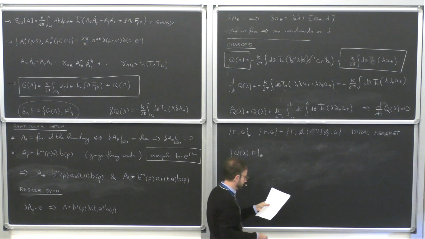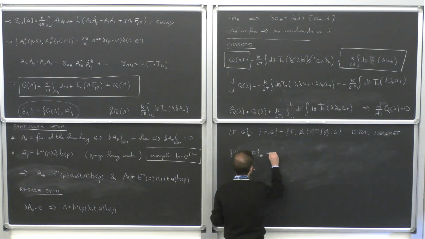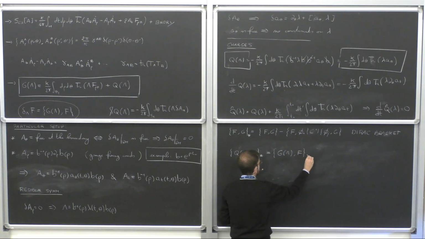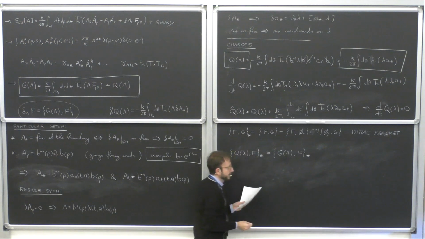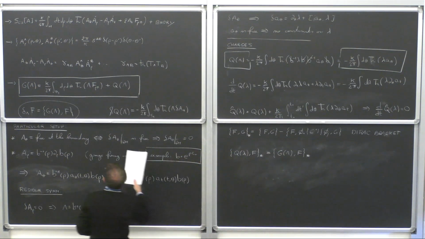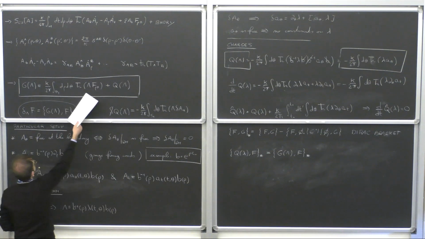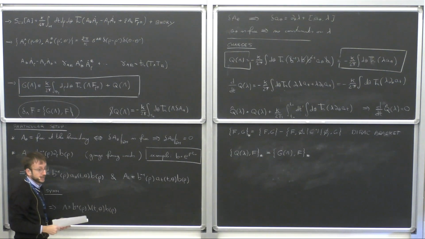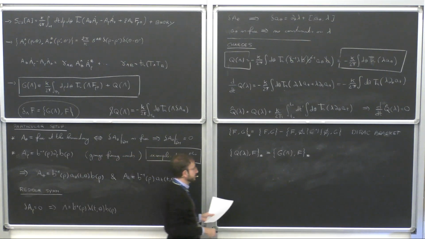And why is it easy to compute? Because on the constrained surface, these two quantities agree, because on the constrained surface, essentially, the bulk part of G lambda is equal to 0 on the constraint.